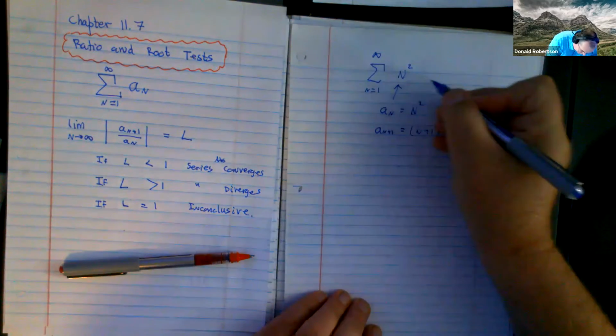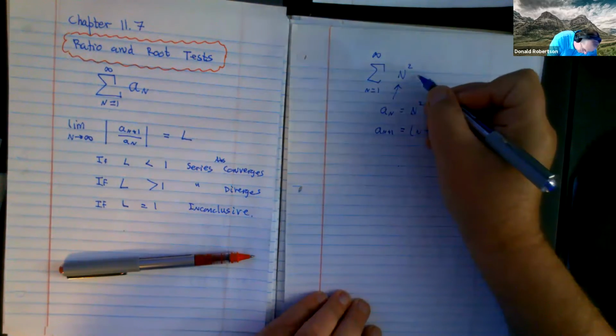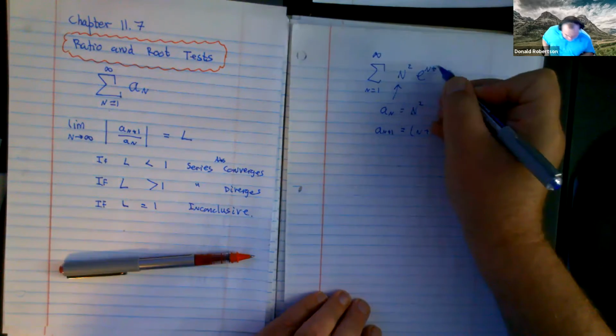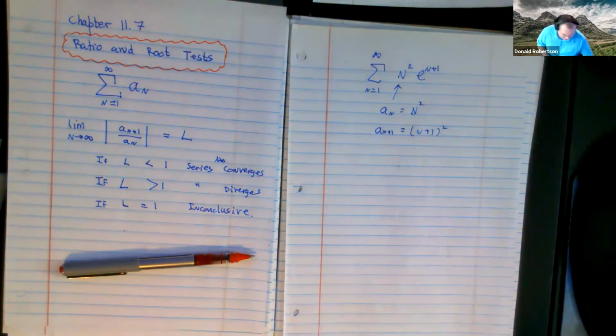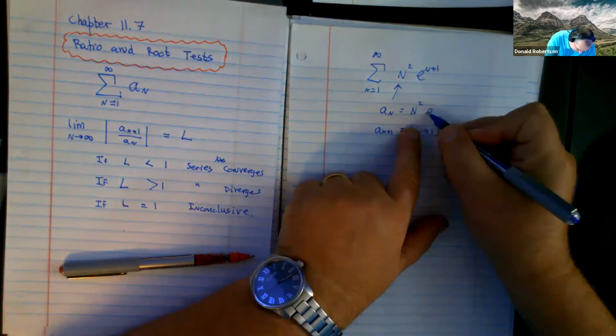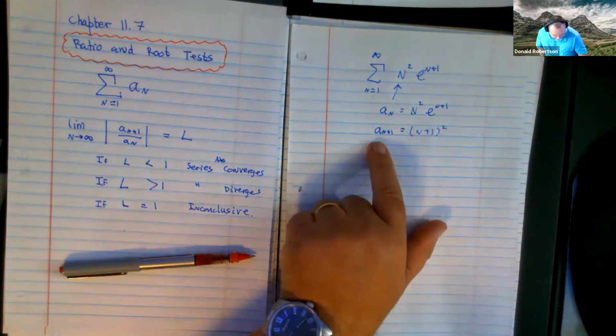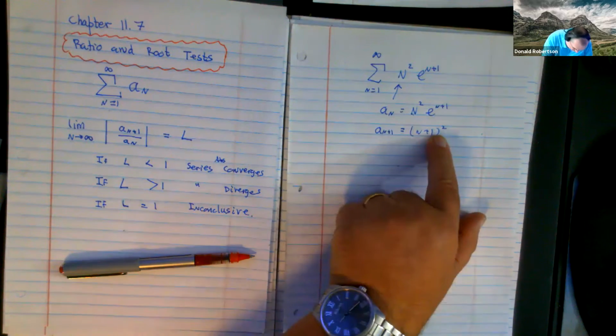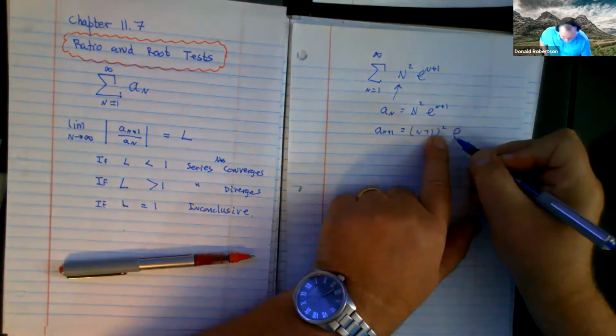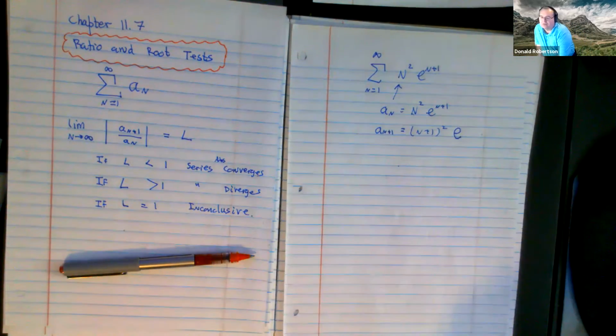Right. Let's make it harder. Suppose it was n squared e to the n plus 1, right? So a_n would be that guy. a_n plus 1 would be n plus 1 squared. Be careful. What power of e would you get? Think substitution.